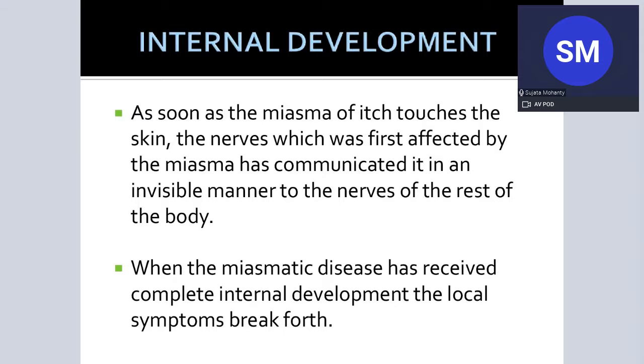During the first few days after the fluid touches the skin, there will be no symptoms, no eruption, no itching, not even at that particular spot where it infected. During this time, Psora is developing internally. Gradually, it develops, and when the miasmatic disease, that Psora, has received complete internal development, the local symptoms break forth.